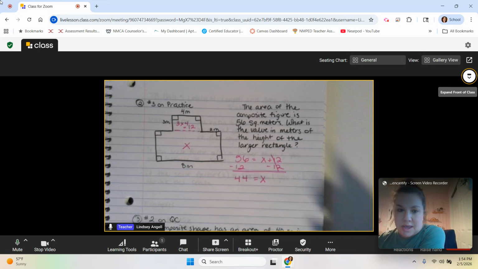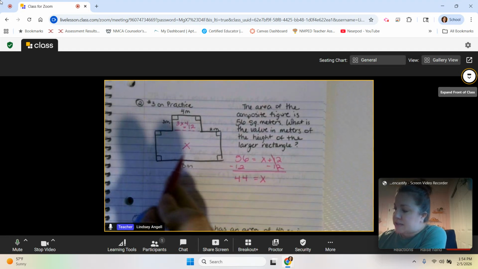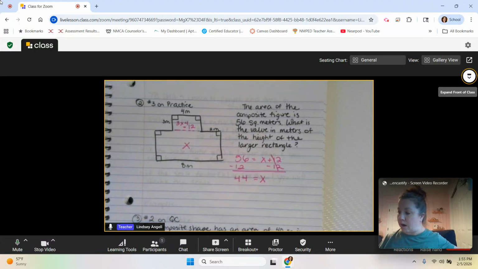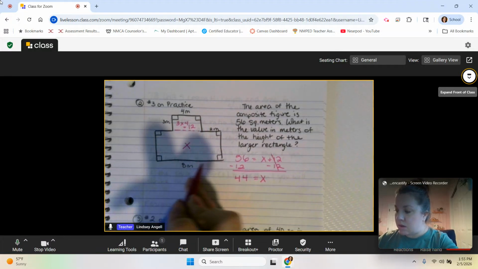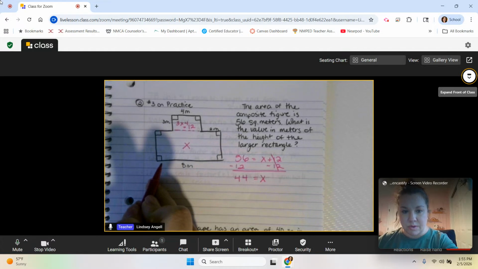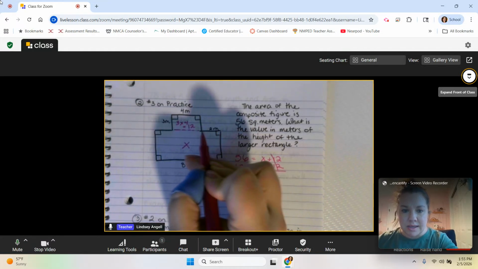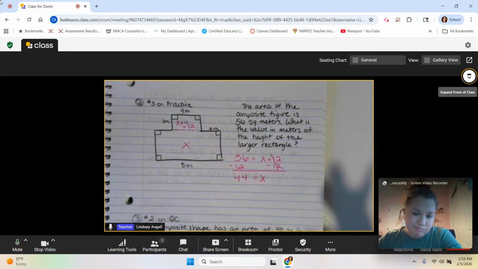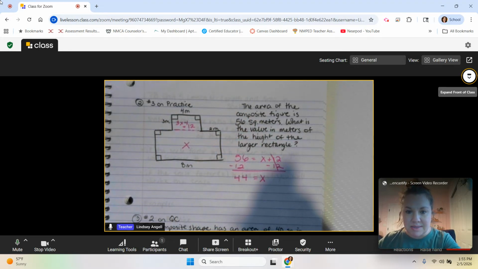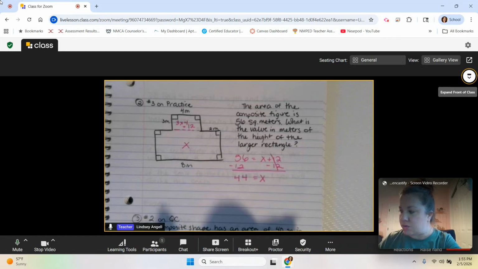Okay. So the area of the larger rectangle is 44. We know the length of it, okay? They gave us this little guy. He's not very necessary, okay? It's almost like they gave us extra information just to test whether we know what information to use.